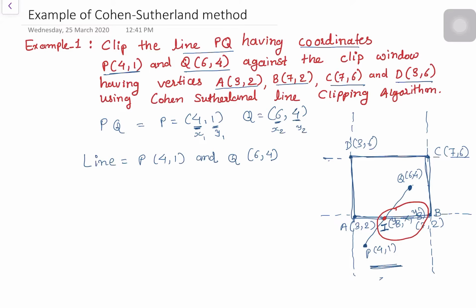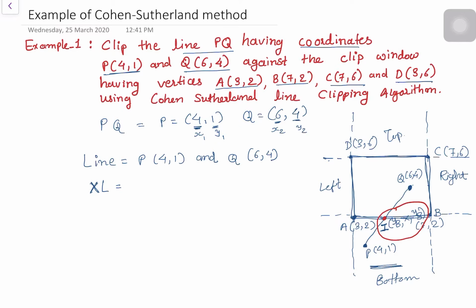From the Cohen Sutherland algorithm, what we first have to find is left, right, then bottom and top. So from this algorithm we have to find the x left coordinate, XL.